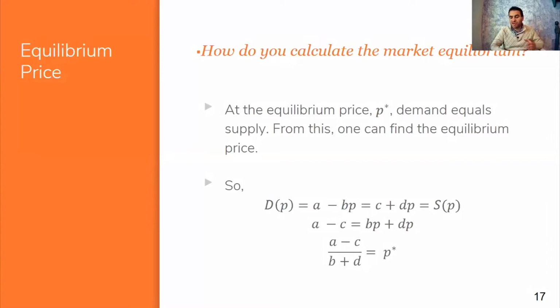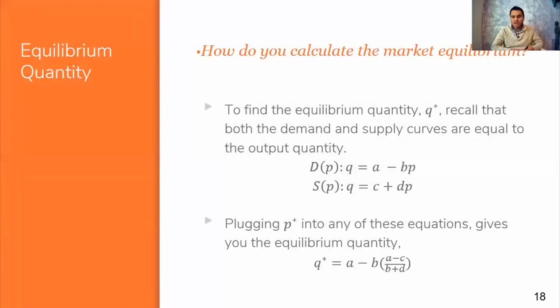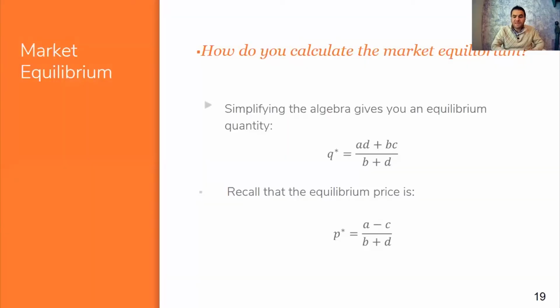Once you've solved the algebra for the equilibrium price, you plug that price back into whichever one of the demand or supply functions you want. Both of them work, and you can find the particular quantity using that price. So as you plug in and simplify the algebra, you will find the equilibrium quantity that obviously depends on the same parameters that you were using, and you have the equilibrium price.